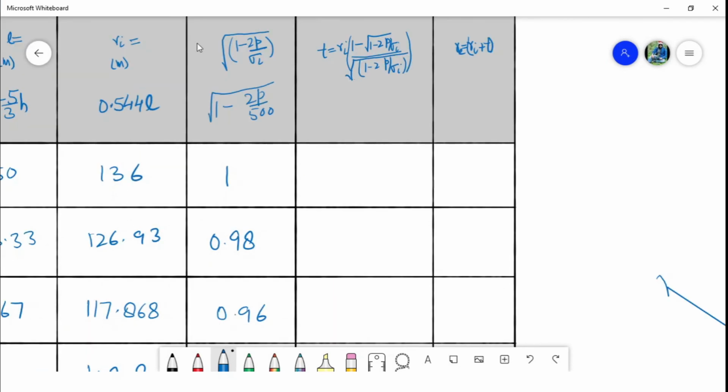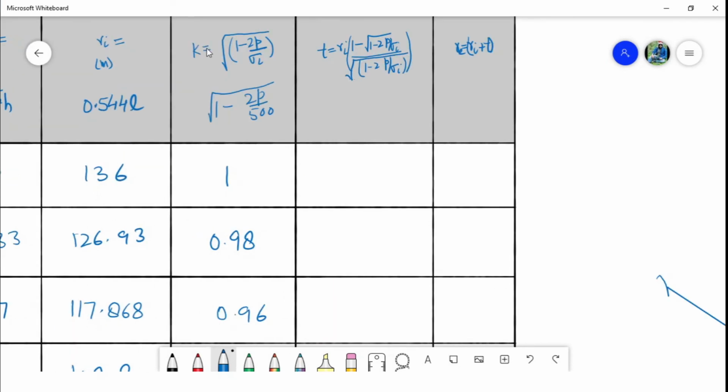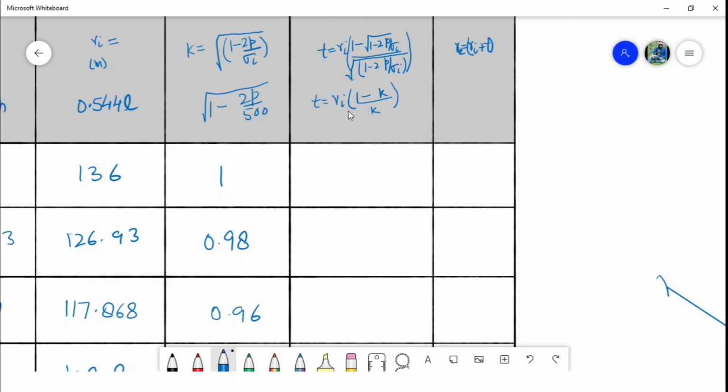Say this term is K. So this will be Ri times (1 minus K) over K. Here K is 1, so 1 minus 1 will give you the thickness 0.